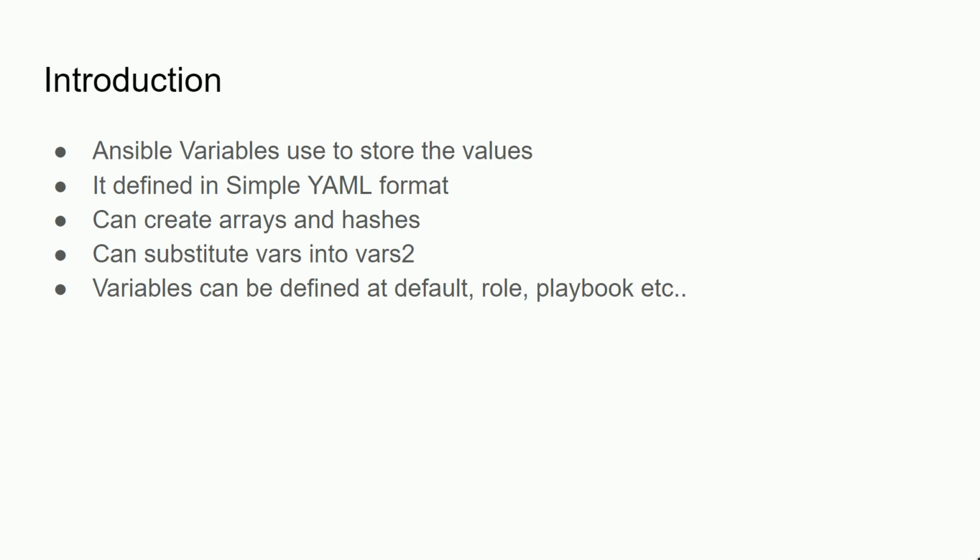It is defined in a simple YAML format, can create arrays and hashes, and can substitute vars into vars2, which means we can define a variable into sub variables as well. Variables can be defined at default role, in a playbook, and in a role as well.